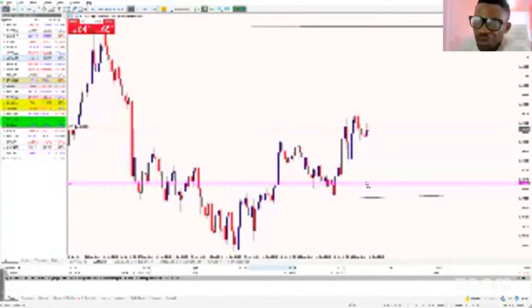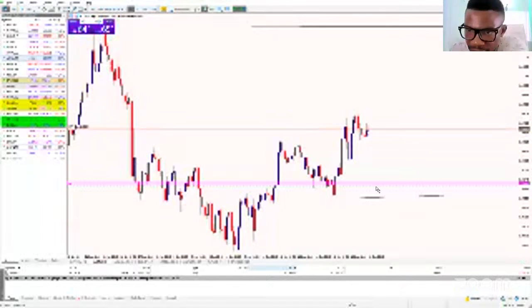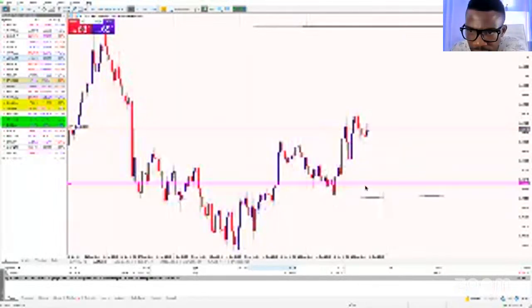Why is it difficult today? Let me use the laptop instead of the mouse. Yeah, look at the left-hand side, you see the price.